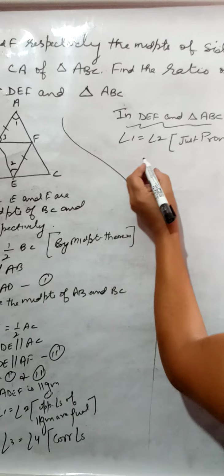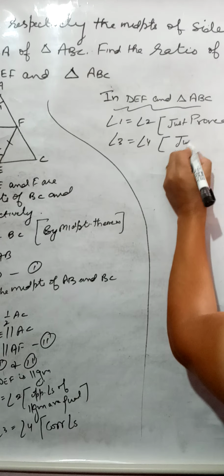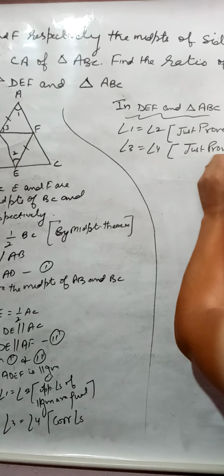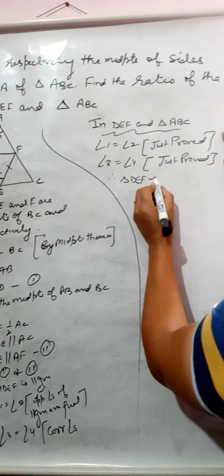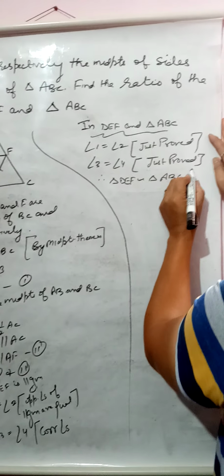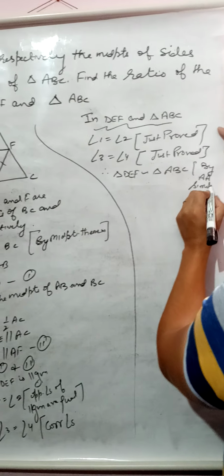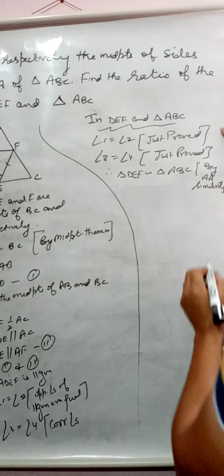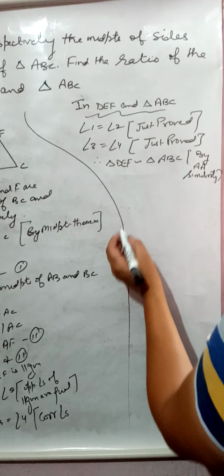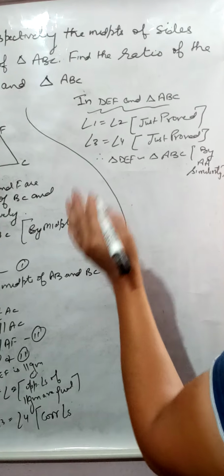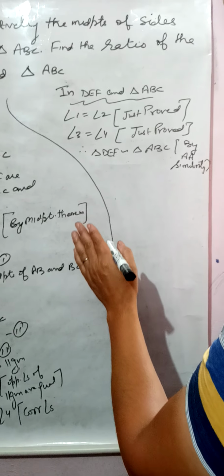So triangle DEF is similar to triangle ABC by AA similarity. If two triangles are similar, then the ratio of their areas is equal to the square of the ratio of their corresponding sides.